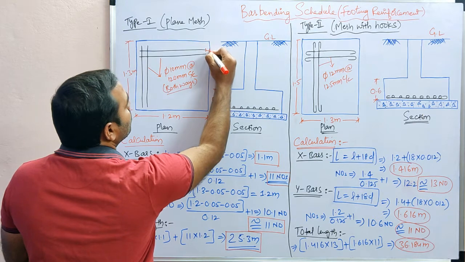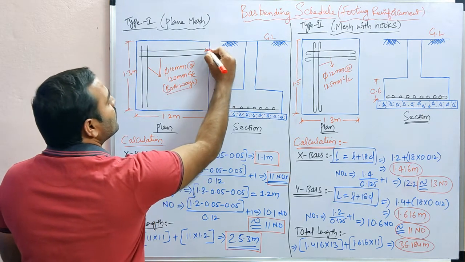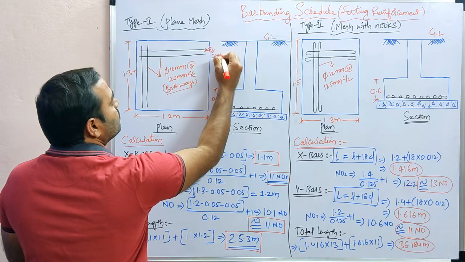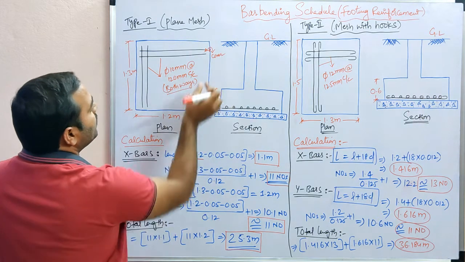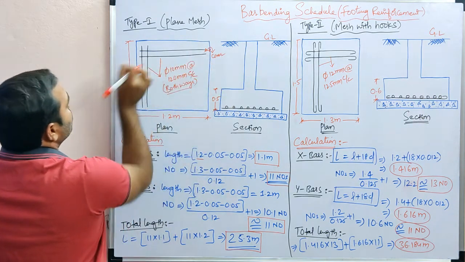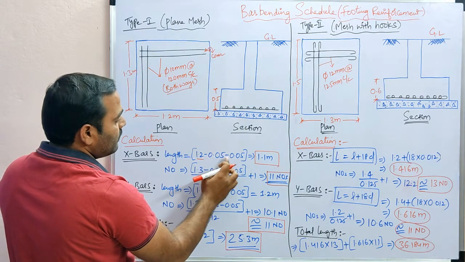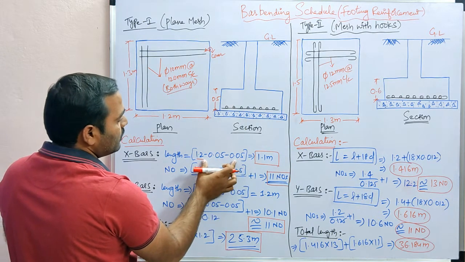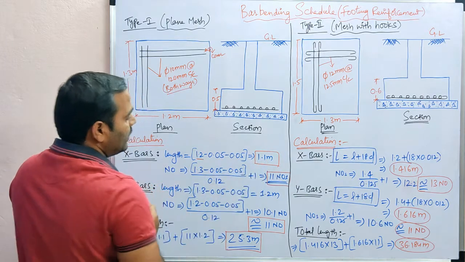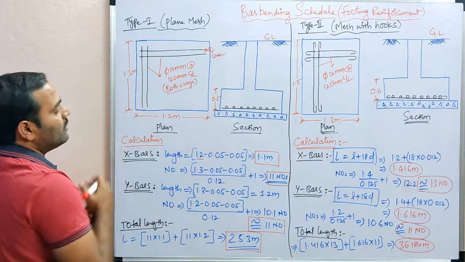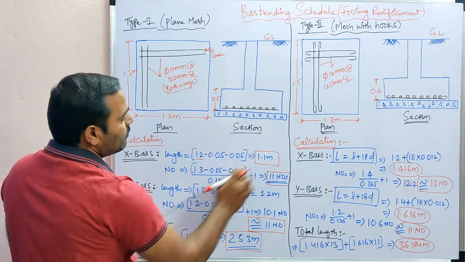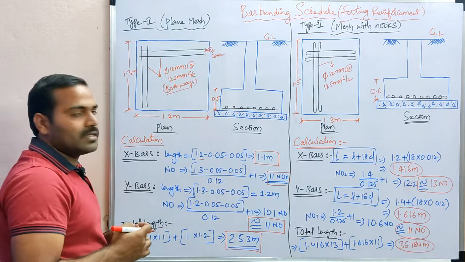From here to here, this is the cover. We need to deduct this side and also this side, that is 50 mm. So 1.2 minus 0.05 minus 0.05 is equal to 1.1 meter. Excluding covers, the length we got is 1.1 meter for x bars.